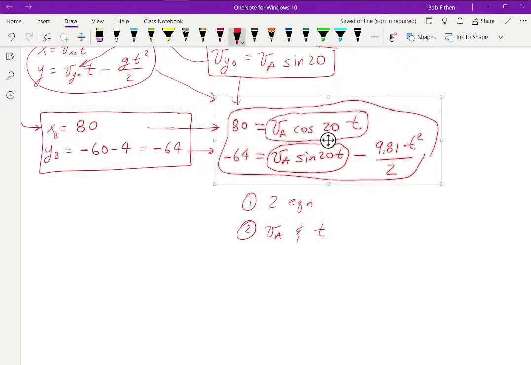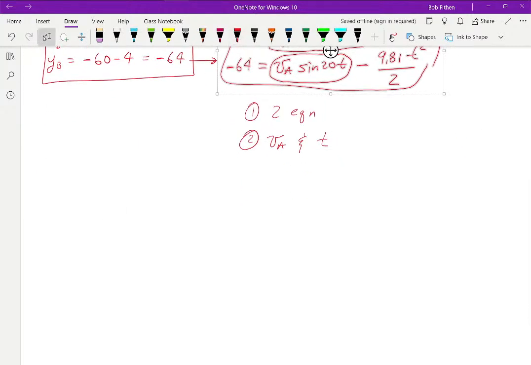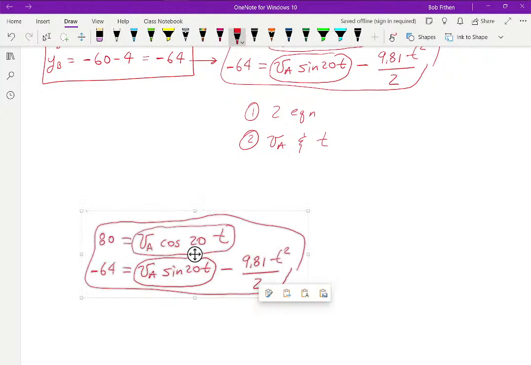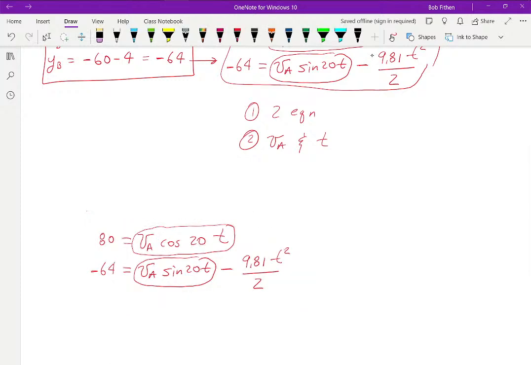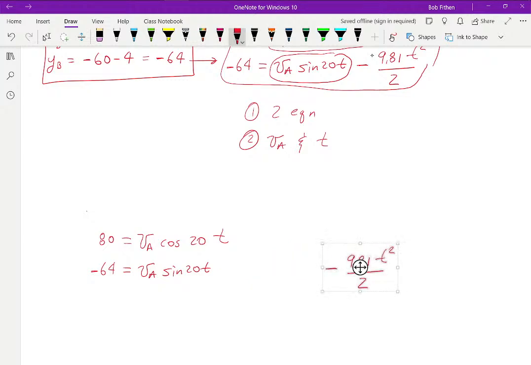Let's see. And I'll do Control C. I'll move down here somewhere. Control V. Now I'll start messing with this. And I'll move this term over to here to give myself the space.